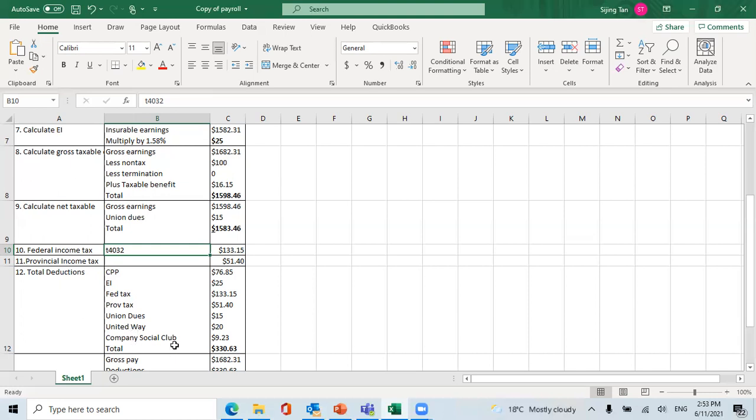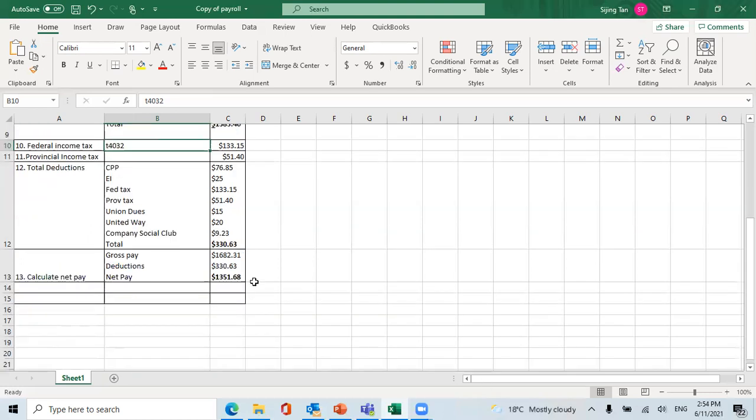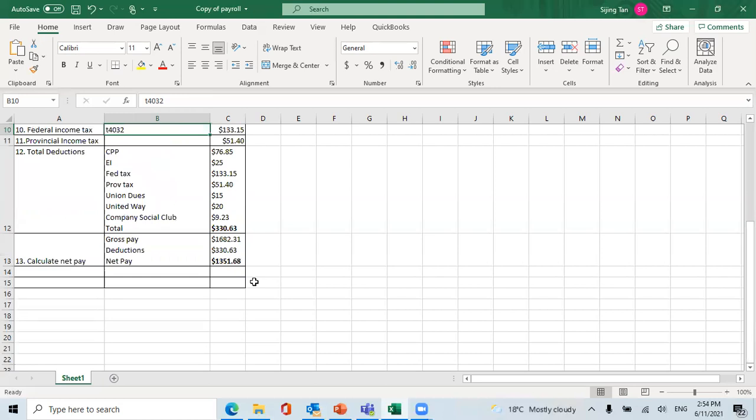Social club was paid $20 per month, so we'll have to calculate the social club. We use 20 times 12 divided by 26. You get a social club for the pay period of $9.23. When you add all those up, it will give you a total deduction for your payroll, $330.63.